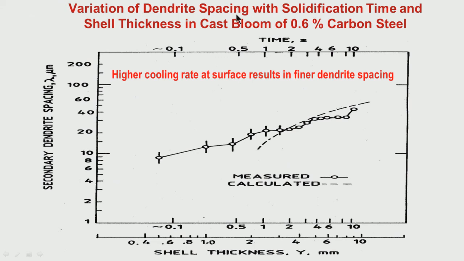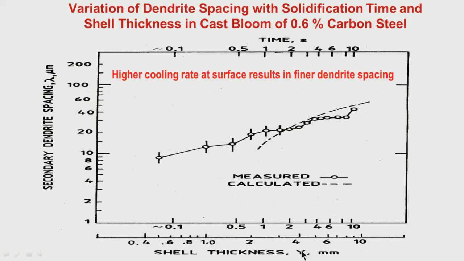This is the secondary dendrite spacing. Normally, the secondary dendrite spacings are measured to understand the dendrite size, not the primary dendrites. Lambda is the dendrite spacing in micrometers, and the horizontal axis is either the time or the shell thickness.